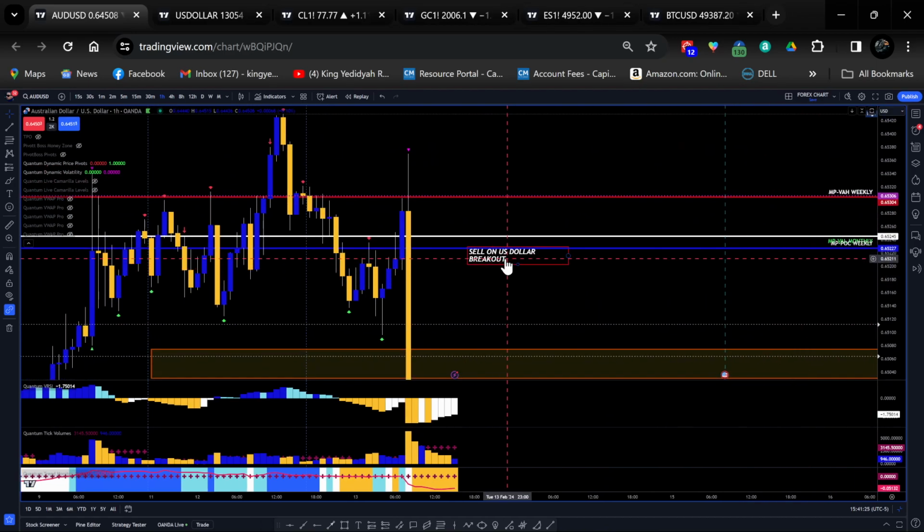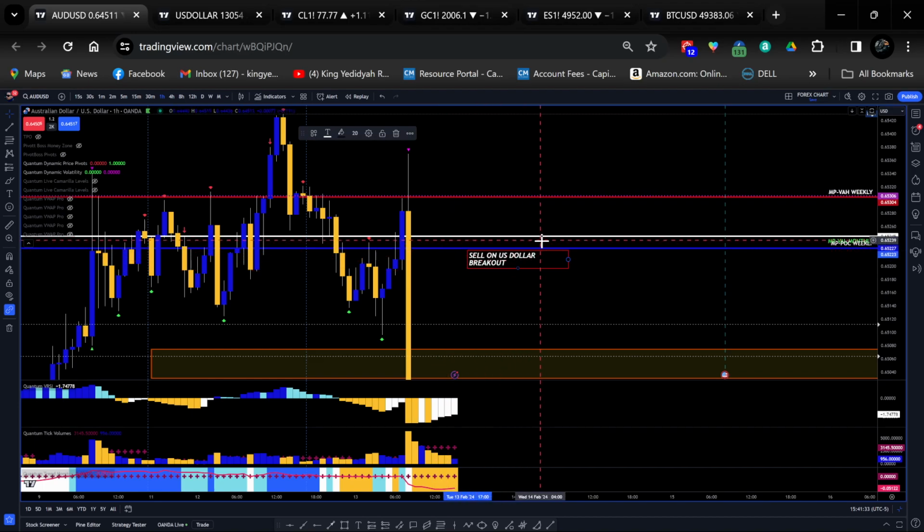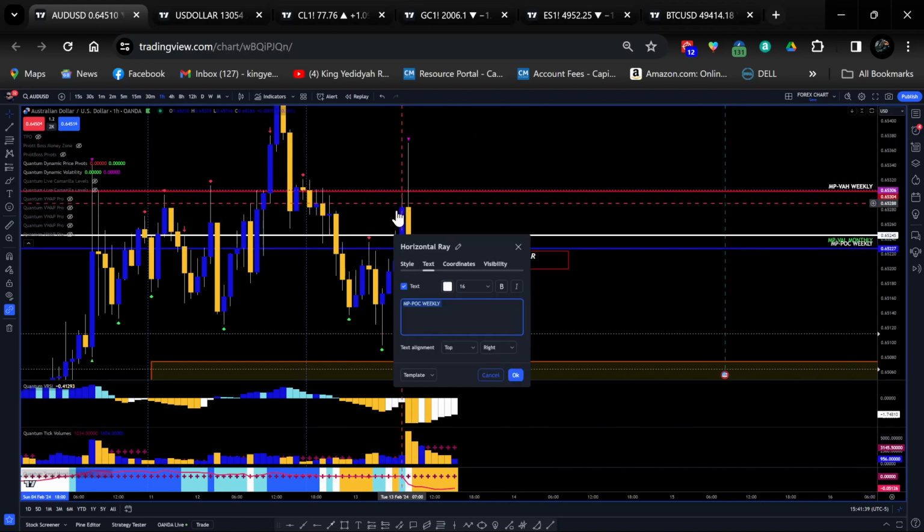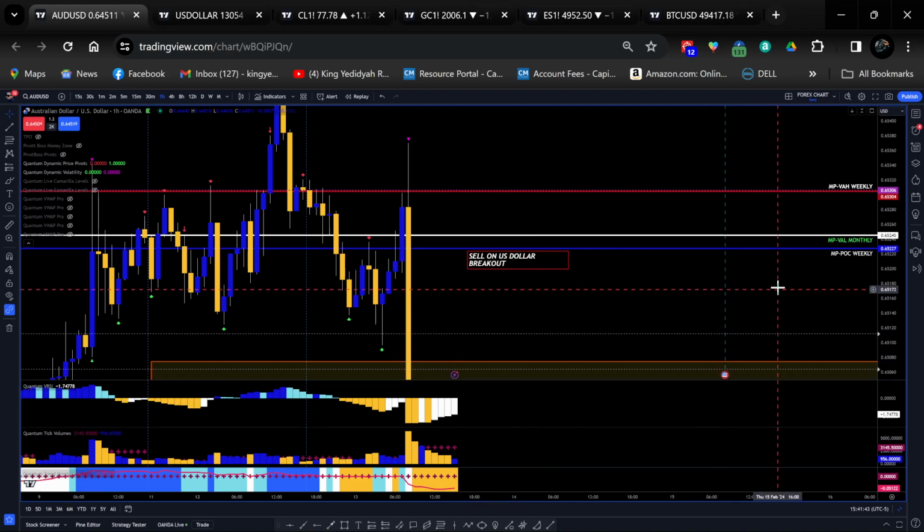This is something I actually, wait, hold on, sell on US dollar breakout. Right. So these are some little notes that I leave on the chart just to remind me of what I want to do, what's my trading plan. So let's see here, put this to the bottom, right?